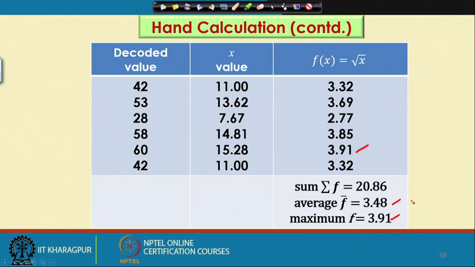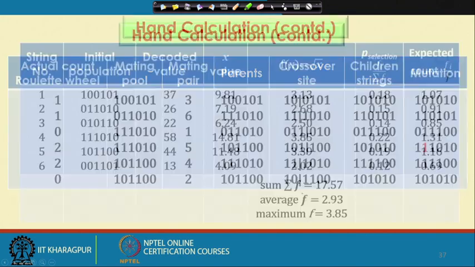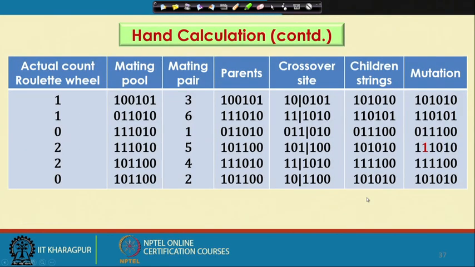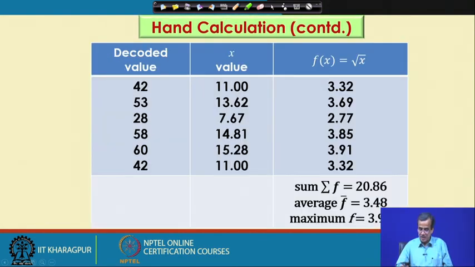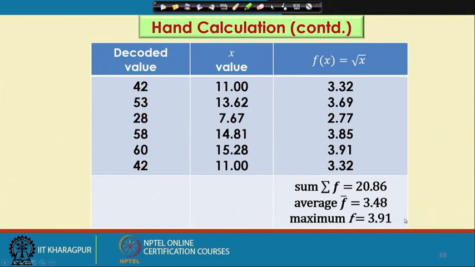Now, if you correctly remember, in the previous initial population, the maximum fitness was 3.85, and now it has become 3.91. So, the maximum fitness is going to increase, and what is the globally maximum solution? That is 4.0.